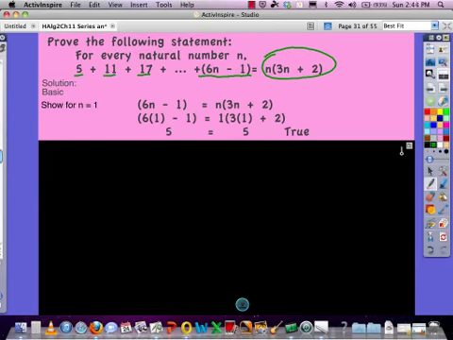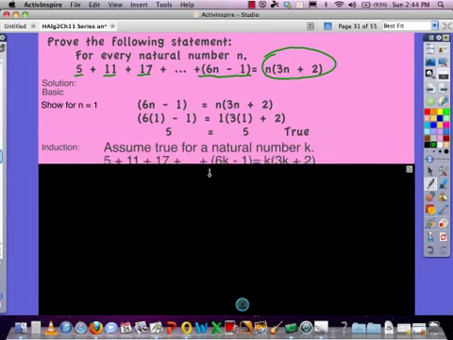And it said for n equals 1, for one term only. So 6 times 1 is 6, take away 1 is 5. Do that same thing here. We put a 1 in for n in every slot, and we do the math. 3 times 1 is 3, plus 2 is 5. 5 times 1 is 5. And so we get 5 equals 5, which is definitely a true statement.